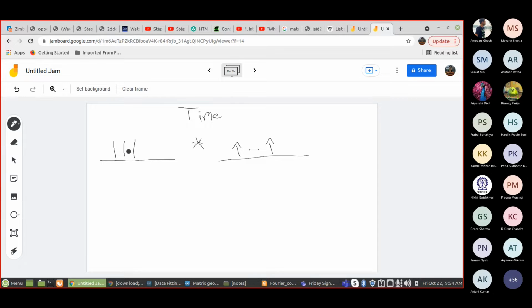So if we convolve discrete time signal with train of impulses, we are going to get periodic extension. This is time and this is frequency. Okay. So convolving this with train of impulses gives us a periodic signal. Okay, discrete time periodic signal.